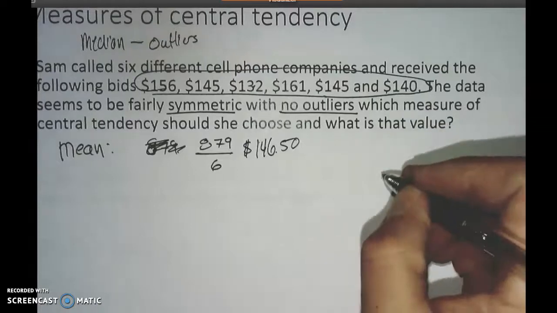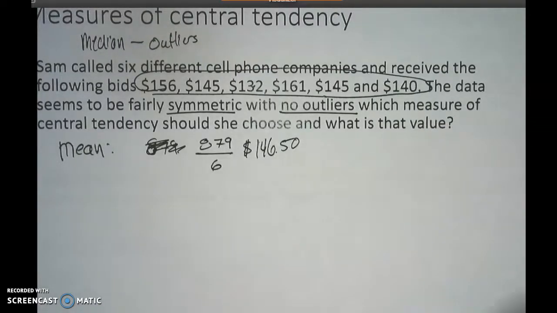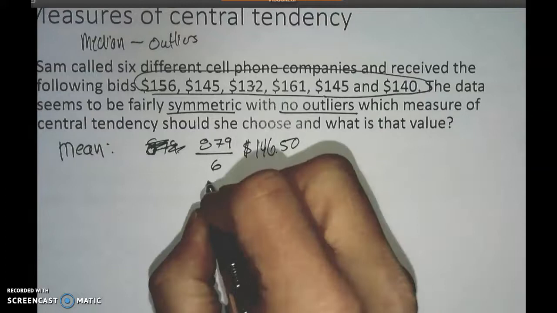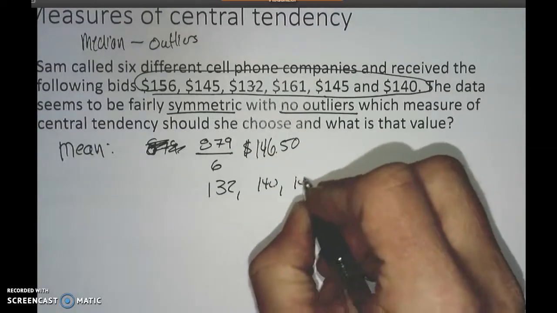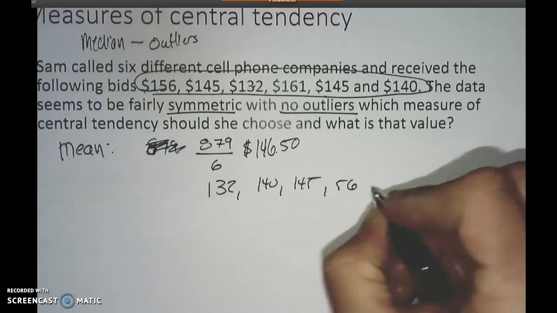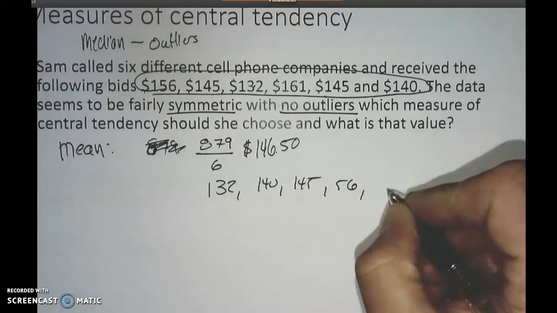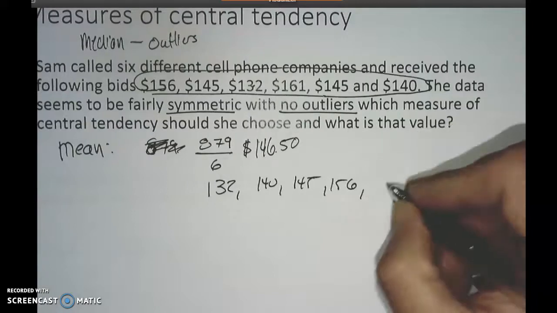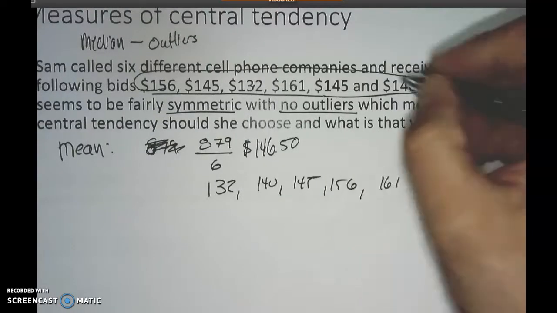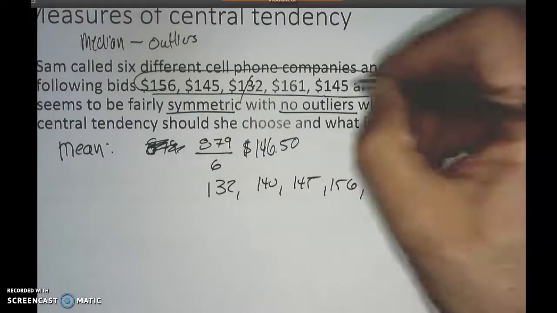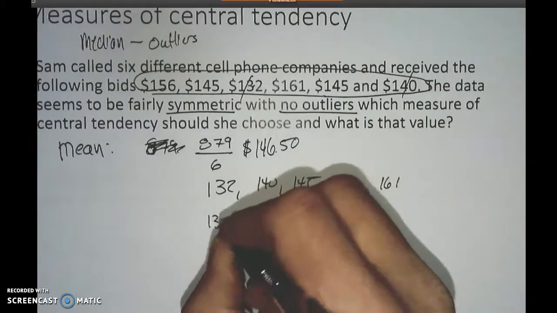So don't forget, if you had to do the median, just to remind you, we need to put these into order. So 132, 140, oh, two 145s.